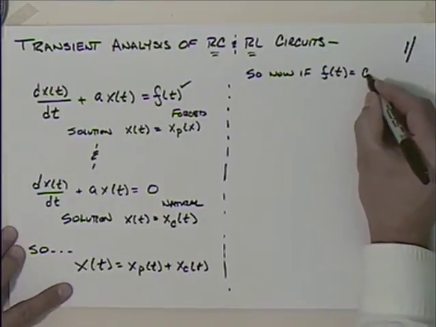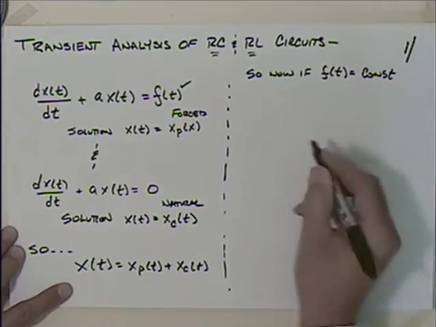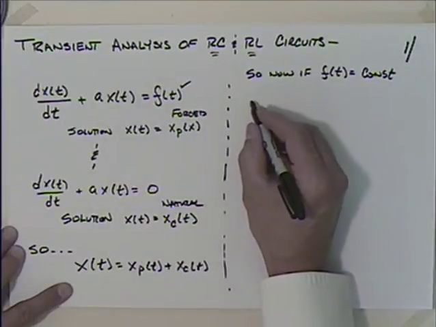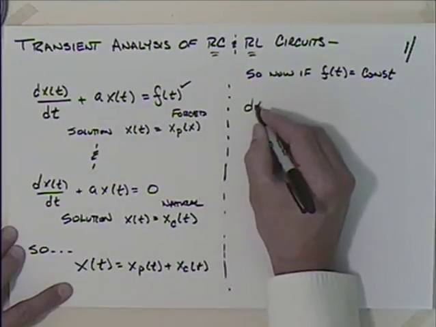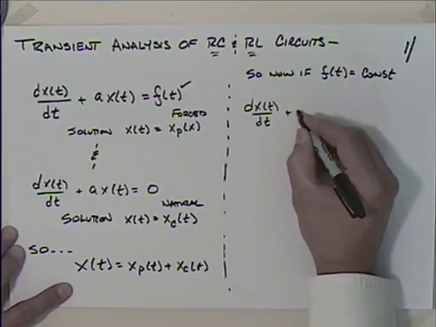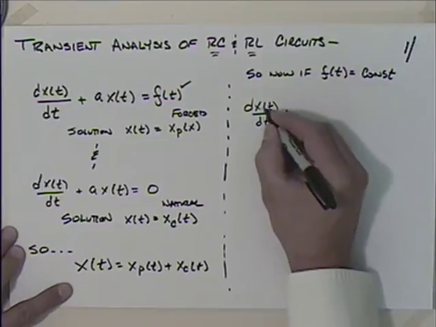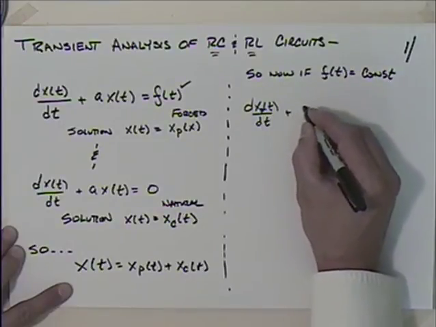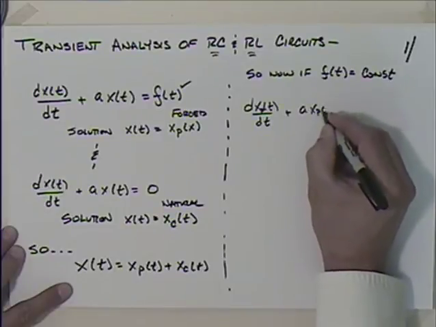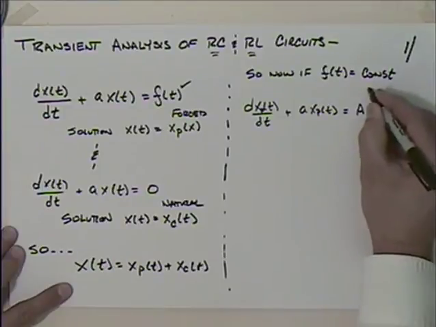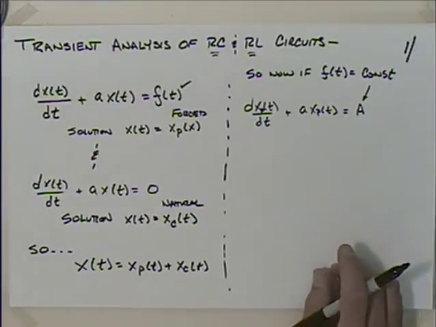So if this is a constant, I could say then that this differential equation, and maybe I'll put the p in there, the particular solution, dx sub p of t dt plus a x sub p of t is equal to a. Okay, that's the constant that we've got there.